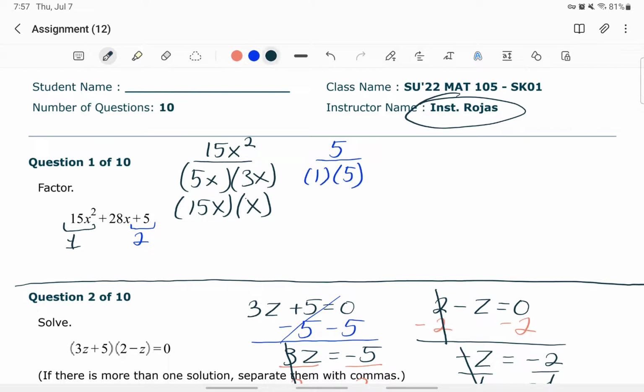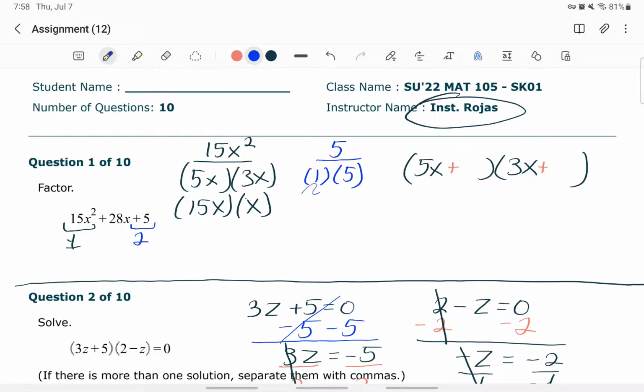And then the third part is to perform a trial and error process. You want to use the trial and error process to get to the middle number. So what I'm going to do is take my first pair, 5x here, and put the 3x here. Because the 5 is positive and the 28x is positive, I know I'm working with positive numbers across the board.